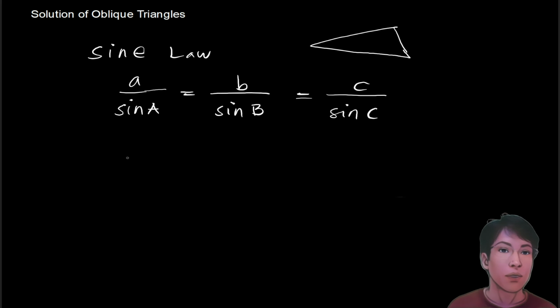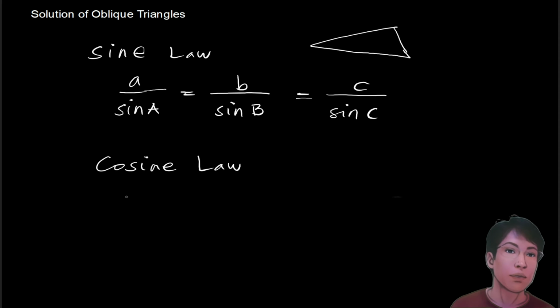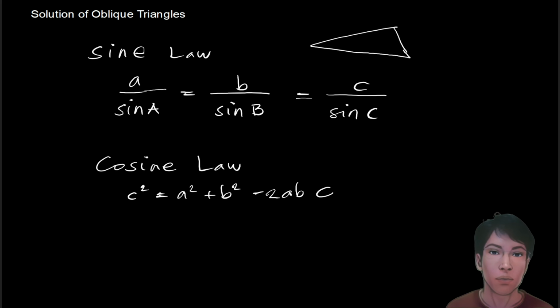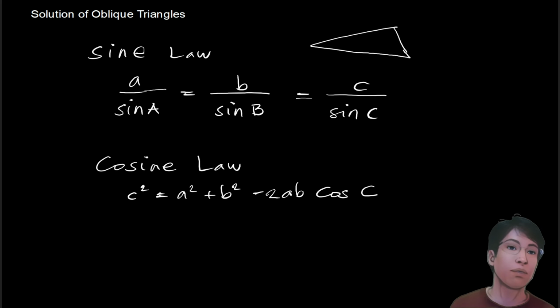And we have the cosine law. Cosine law is c squared equals a squared plus b squared minus 2ab cosine c.